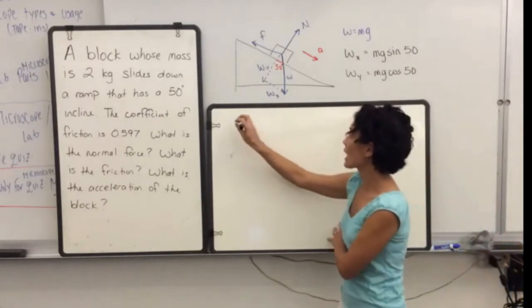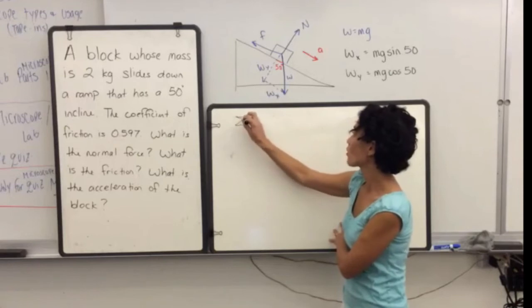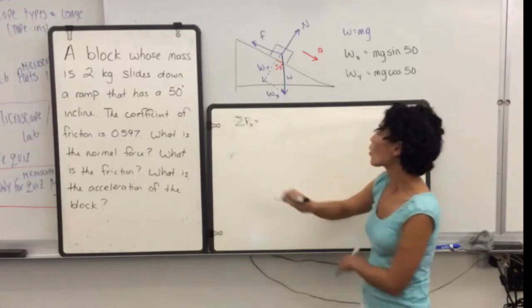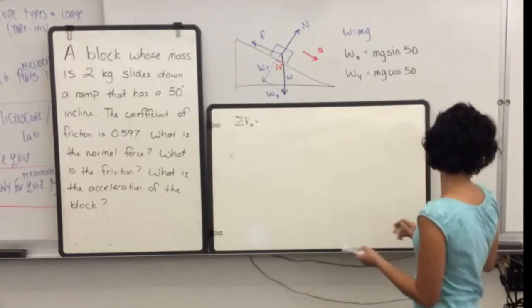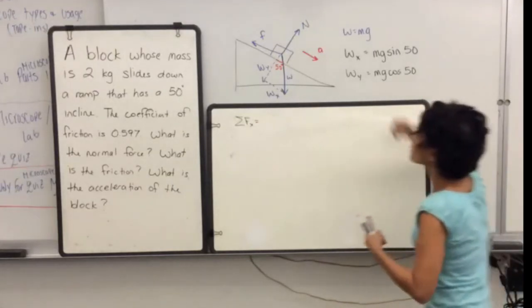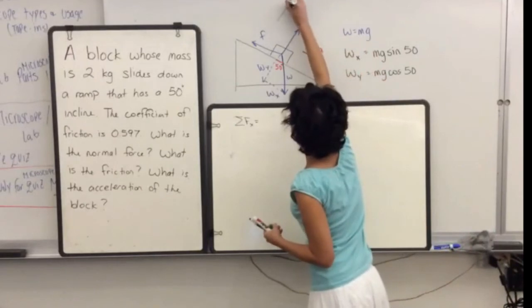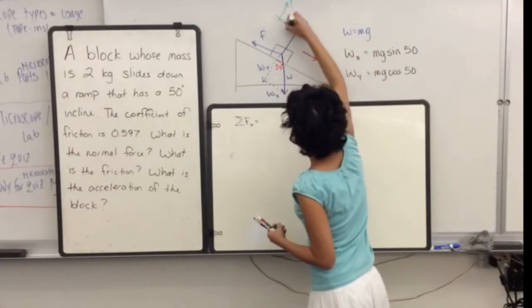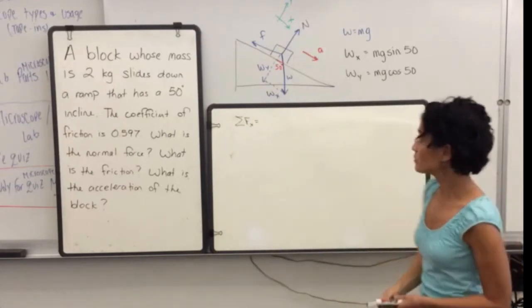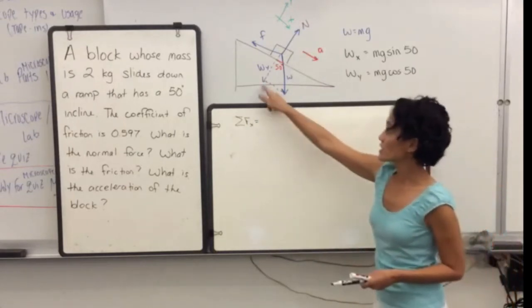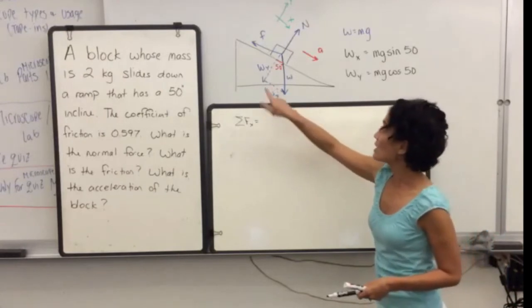So let's look at our horizontal forces. Horizontally, again, remember our coordinate system is skewed. Our coordinate system is skewed. So this is my y direction and this is my x direction. So horizontally, I have this Wx and I have friction.